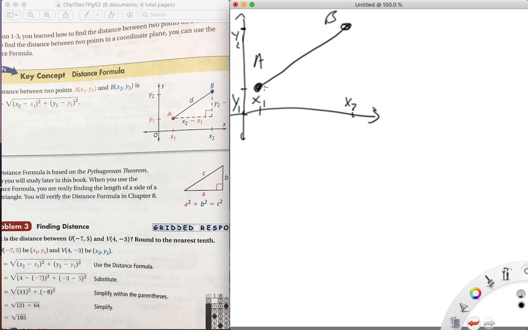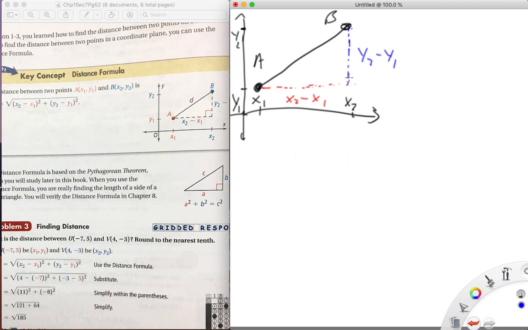So here, to get the x difference, we're going to subtract the two x coordinates, x2 minus x1. For the y difference, we're going to subtract the y coordinates, y2 minus y1.